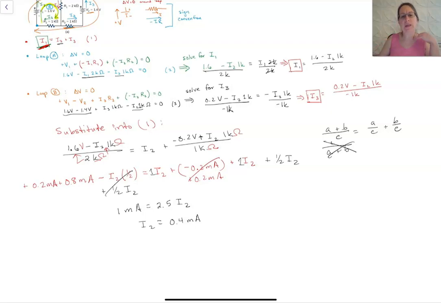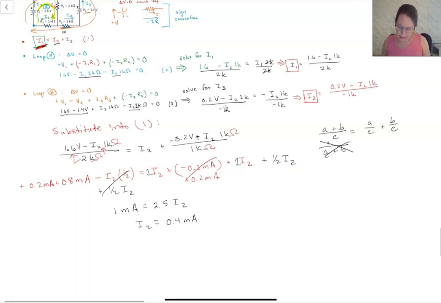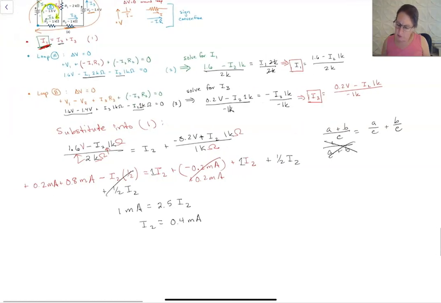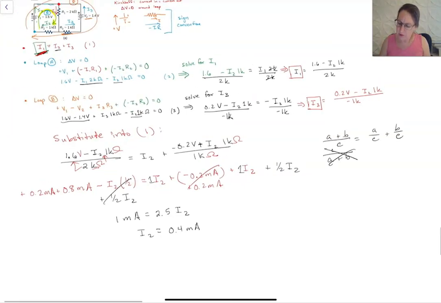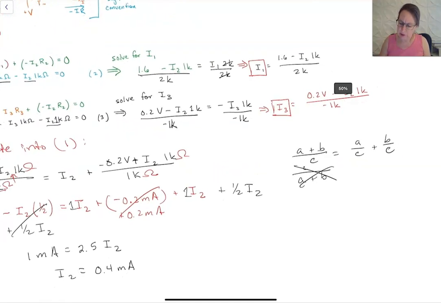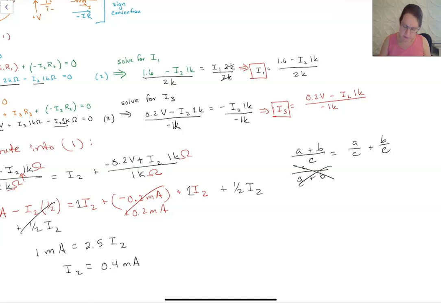We just plug things back into the equations. So I can take this I2, and I can plug it back into our equations for I1 and I3 over here that are boxed. So if I look at this, I plug in 0.4 milliamps here. Then milliamps times K just gives me 0.4.